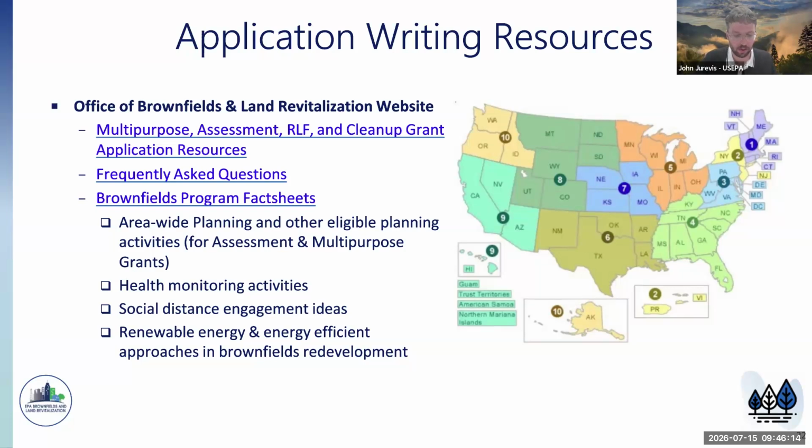There is one more link that I did not put in here, but I will put it in the chat after I'm done presenting. This year, EPA has posted all of the applications from the last grant cycle online, and it marks whether or not they were successful or unsuccessful. But they will probably only be up there until the new competition opens in the fall.